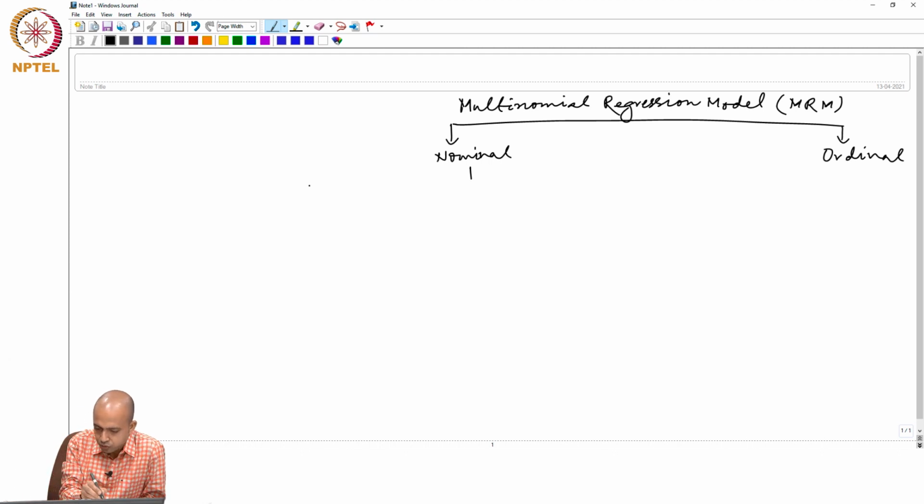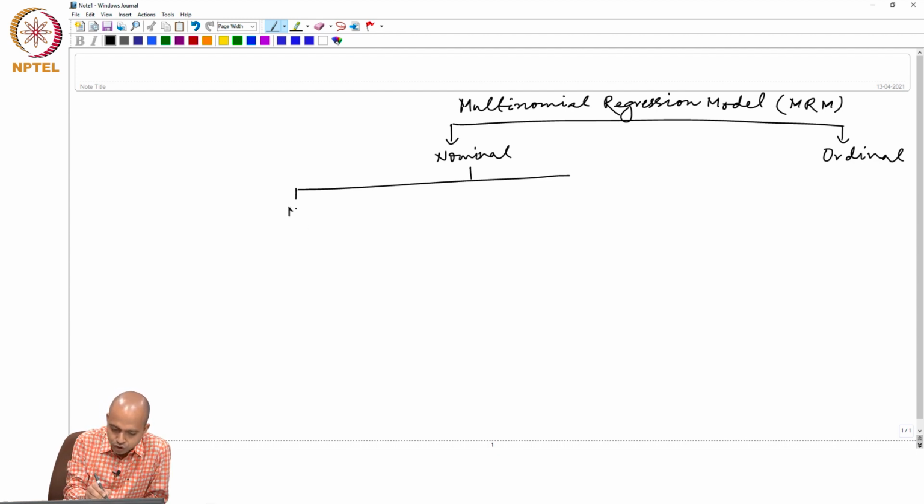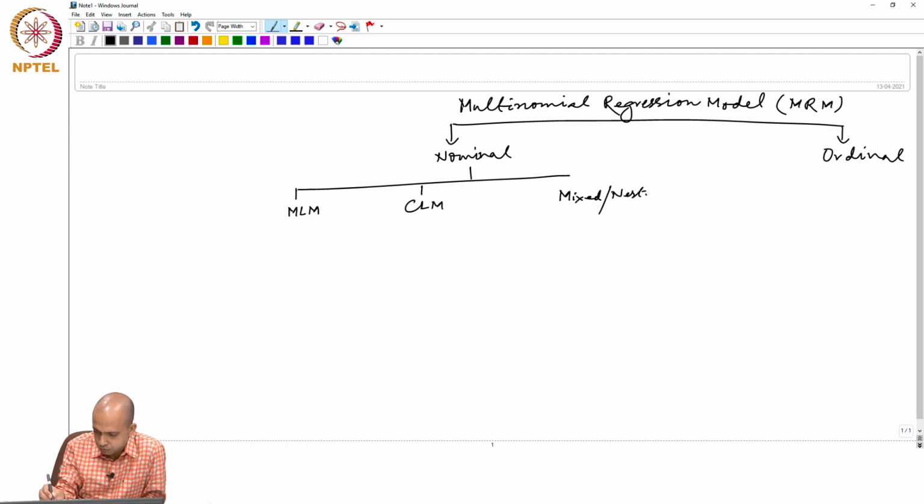Within nominal we have the multinomial logit model MLM, or conditional logit model CLM, or mixed or nested multinomial logit model. This is sometimes also called the nested one.